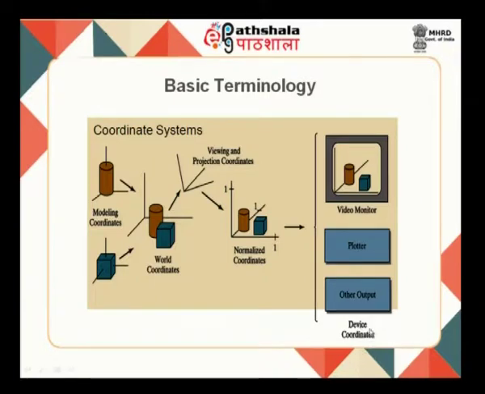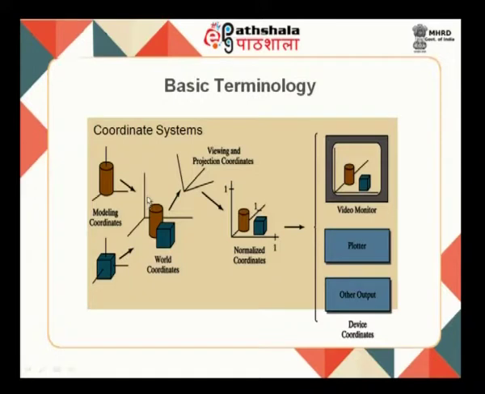Finally, the device coordinates are assumed by the objects. So, when it is finally shown up on the display device, we actually see the device coordinates. That is how the graphics pipeline goes. We call this a pipeline because so many series of operations take place right from modeling till it is displayed on the final device.